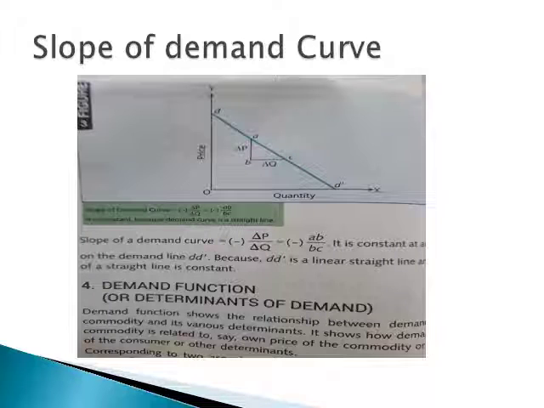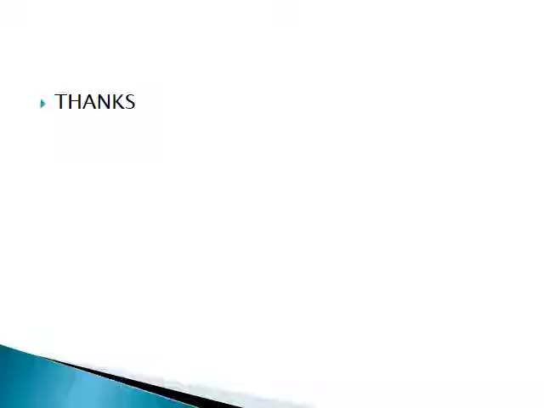In the diagram, change in price is indicated by AB, change in quantity is indicated by BC. Slope is constant at all points on the demand curve D because it is a linear straight line and slope of a straight line is constant. Thanks.